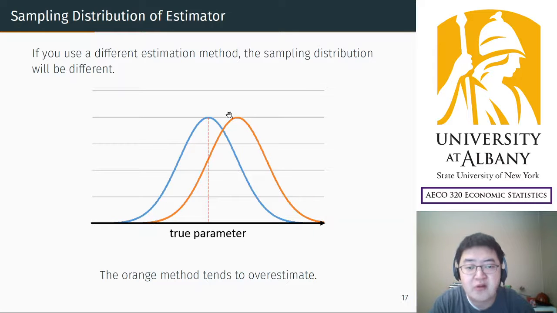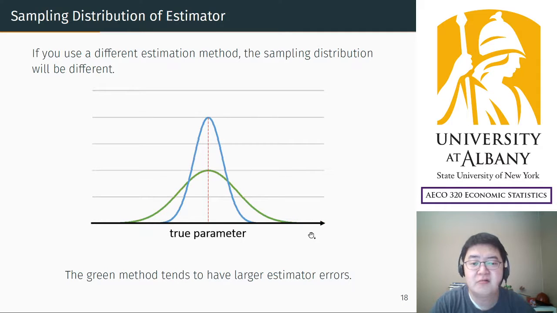But the orange estimation method is centered around here, which means on average the orange method overestimates. It's larger, so the overestimation probability is larger, and the center is larger. So you can say that the orange estimator tends to overestimate the parameter. In that sense, the orange estimator is worse than the blue estimator in this dimension.